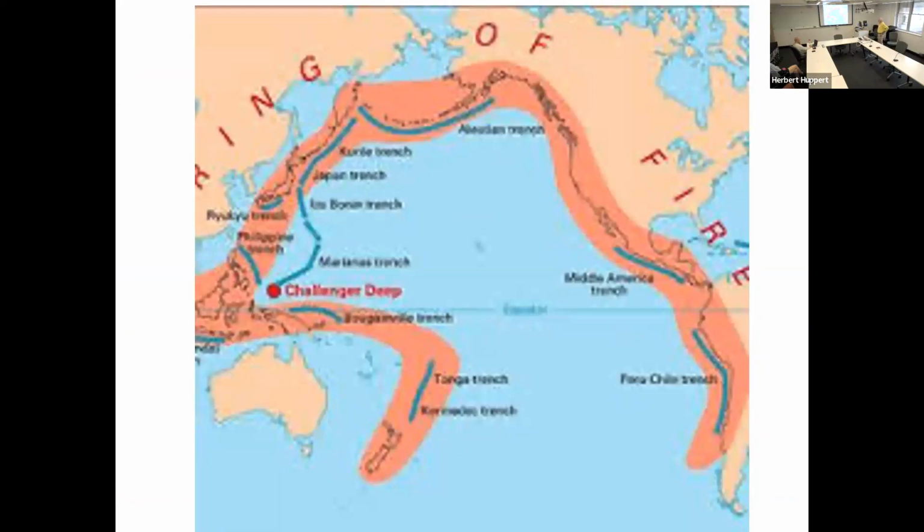And part of the problem is that there's a ring of fire around the Pacific, and it's caused by the fact that there are plate motions that can go off at any time and form an earthquake, and that might well generate a tsunami and cause difficulties to a number of those places.